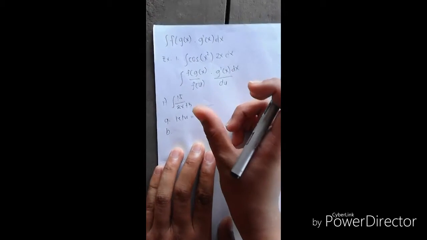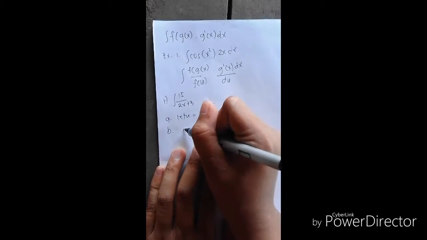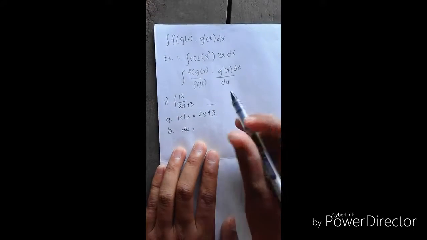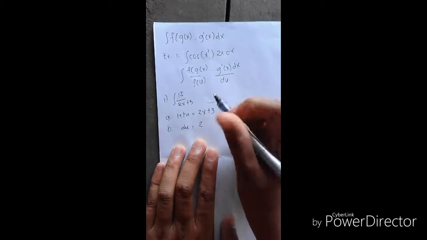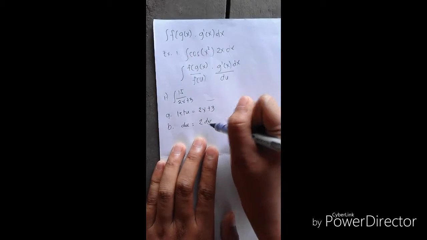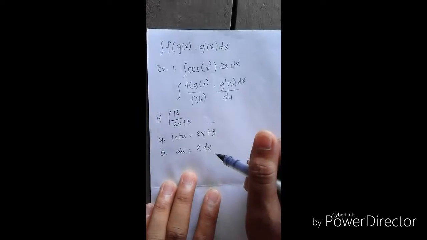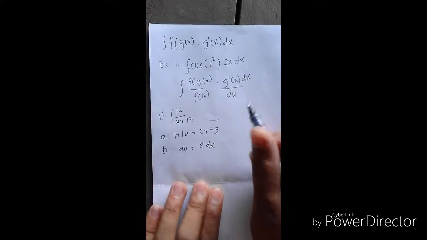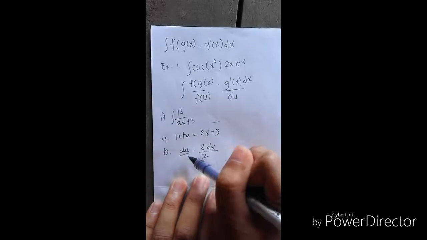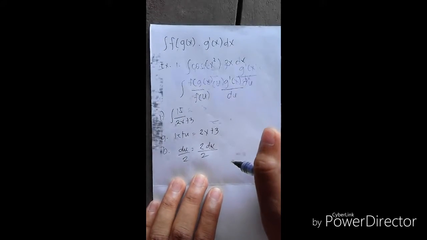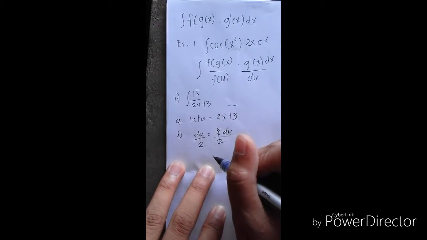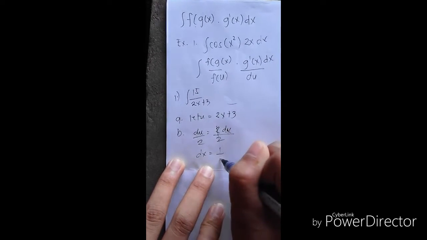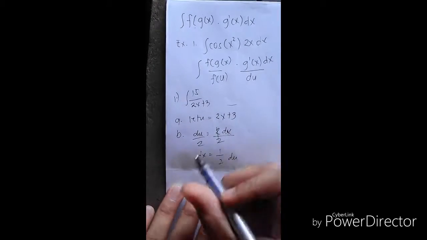So du, the derivative of 2x plus 3, is 2 dx. To get dx, we divide both sides by 2. And now dx is equal to 1/2 du.